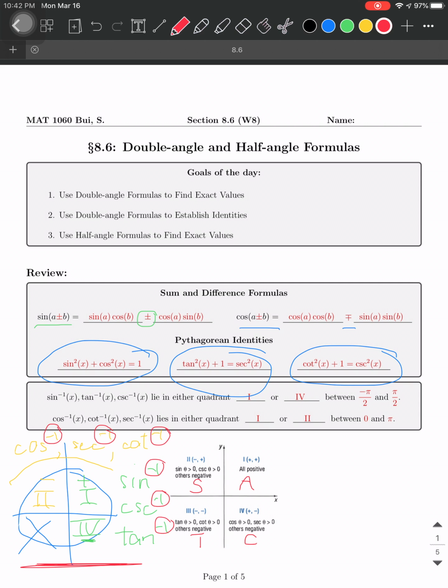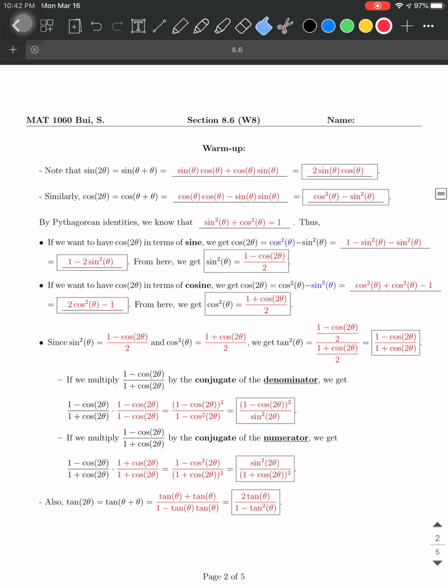What do I mean by that? I mean like sine, cosine, tangent, and then we also have cosecant, secant, and cotangent. So make sure you don't get confused about when to use which diagram in here, okay? So that's it for the review, and now let's move to the second page.